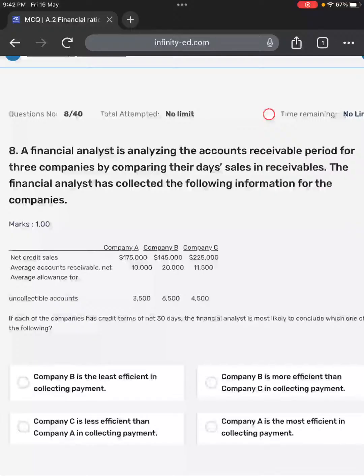If each company has credit terms of 30 days, the financial analyst is most likely to conclude which of the following: credit is 30 days, and company B is the least efficient in collecting payment.